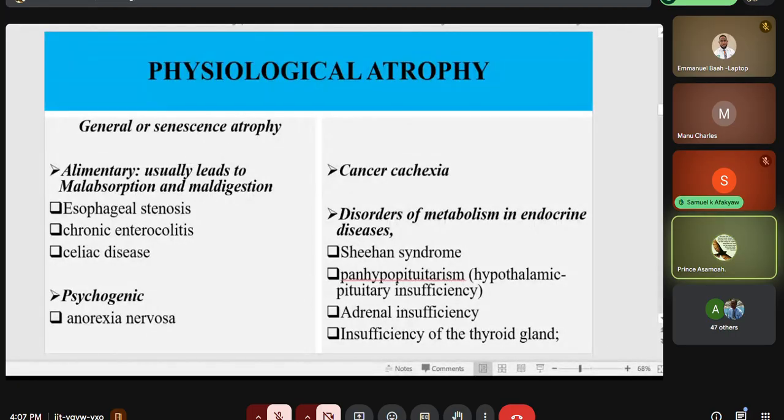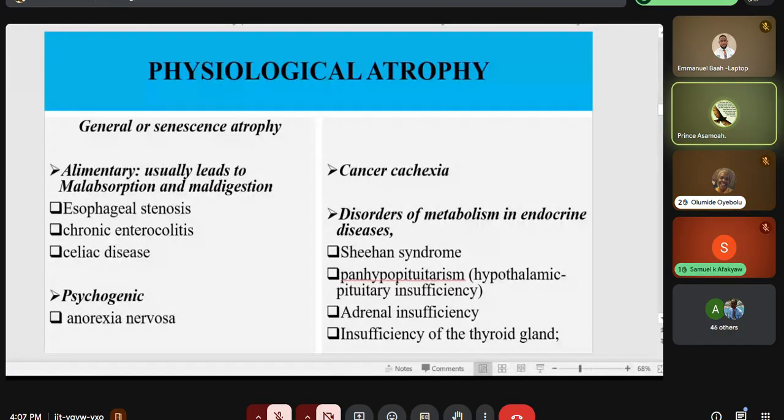Psychogenic. And when someone does not want to eat, the cells are unable to store excess fat. The person is not becoming fat. The person is always reducing weight. The person is underweight. Okay.